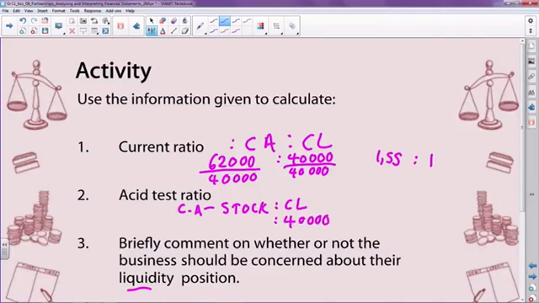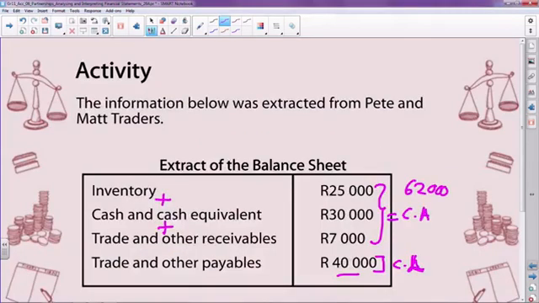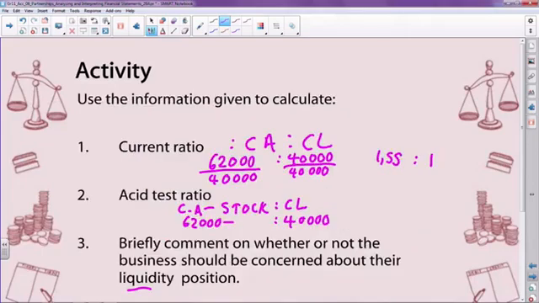Current assets, an amount of 62,000, and I'm now going to subtract my stock figure. Let's go back to the information. Your inventory, which is your stock, amounts to 25,000. So I'm now going to subtract 25,000. Let's just pull out the calculator again.